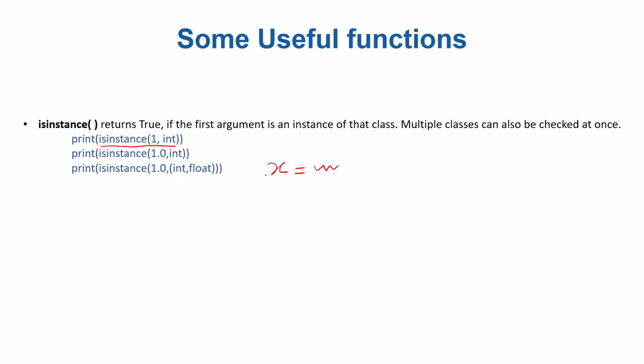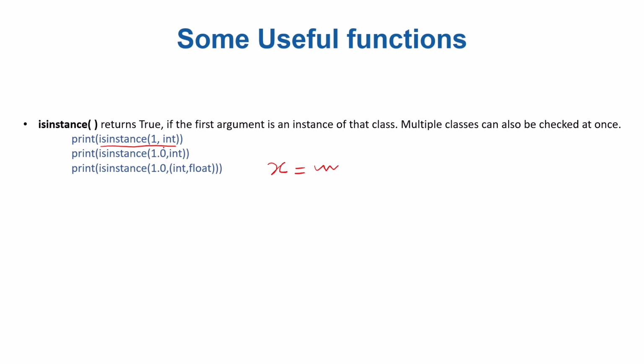It may be read from some file, or a user gives some number through input. So sometimes it becomes important to check the type of a particular variable. If we are expecting a particular type of input and the input is different, then this function might be helpful. Either way, this is a function available in Python, and it checks whether the given value has a particular type or not.